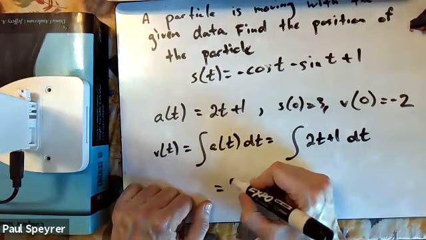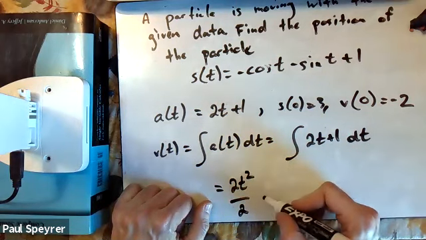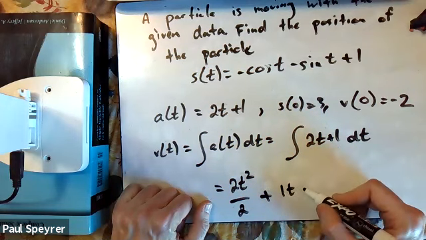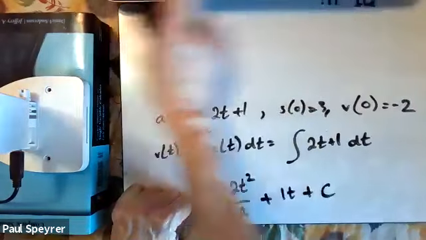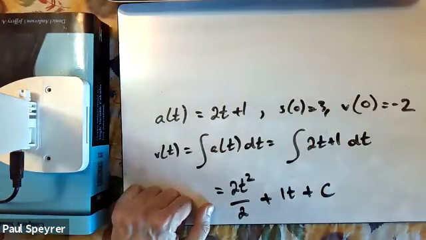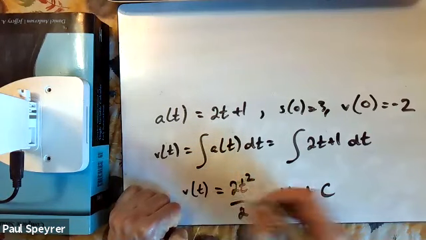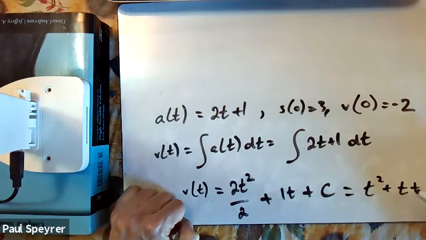Well, remember, that's just 2t squared over 2, which we'll reduce in a second, plus, what's the antiderivative of 1? It's just 1t. And then we have plus c. So this is v of t right here. So we know that that's t squared plus t plus c.